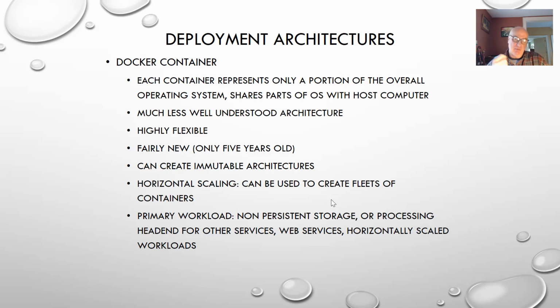They share the main host machine's network stack with all the other containers. So it's a really interesting way to run things. It's a much less well understood architecture. People have a tough time figuring out how to do it.